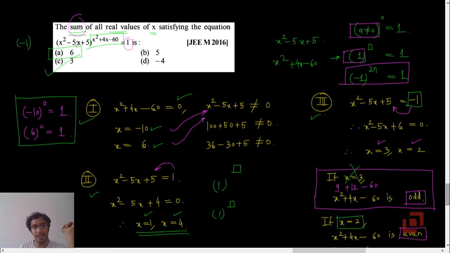That's fine. 9 plus 5, 14, 14 minus 15, minus 1. But if you go to the power, it is an odd number. So this won't be equal to 1, that will be equal to minus 1. So option C is the right option and not option A.